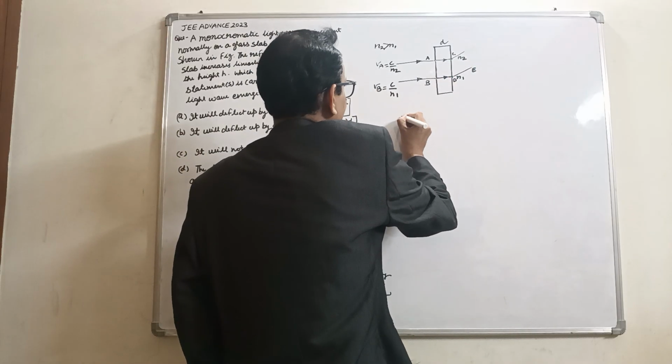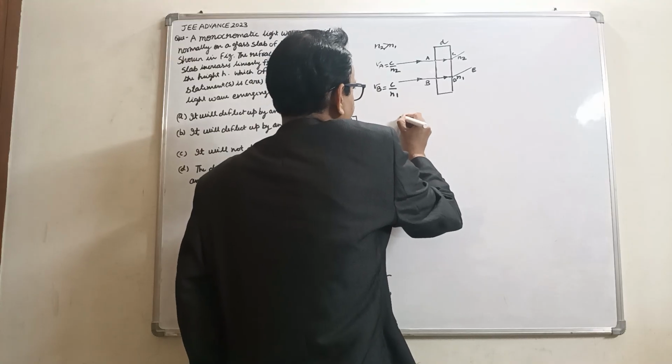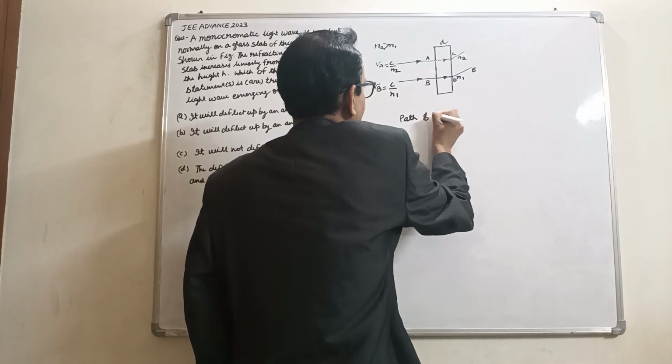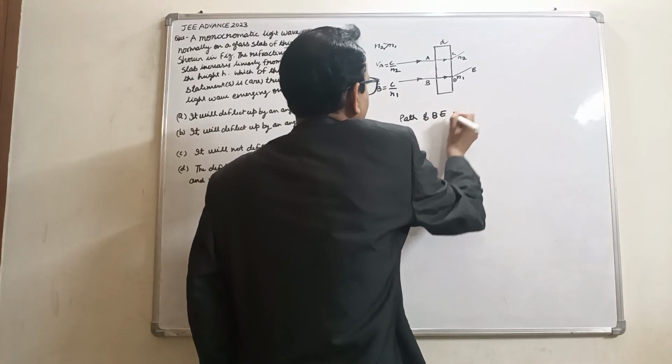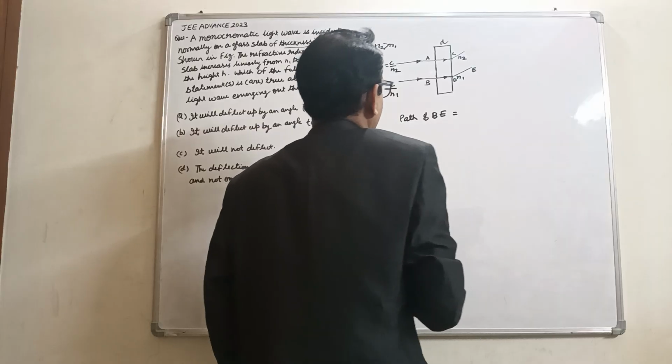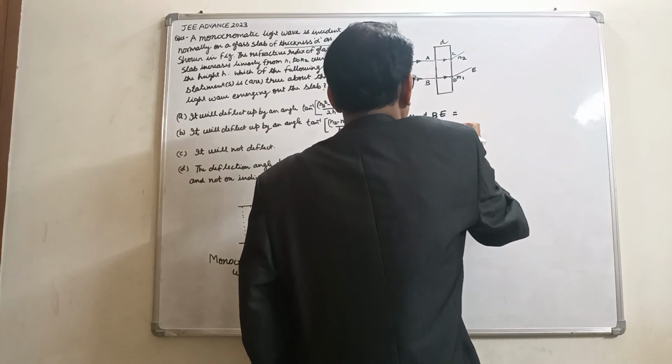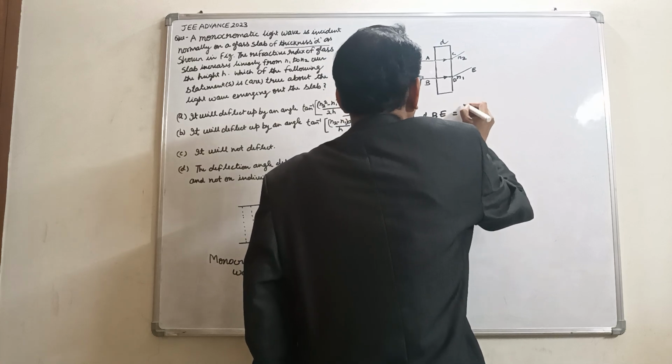Path of AC, path of BC, BE. This is the path of AC.